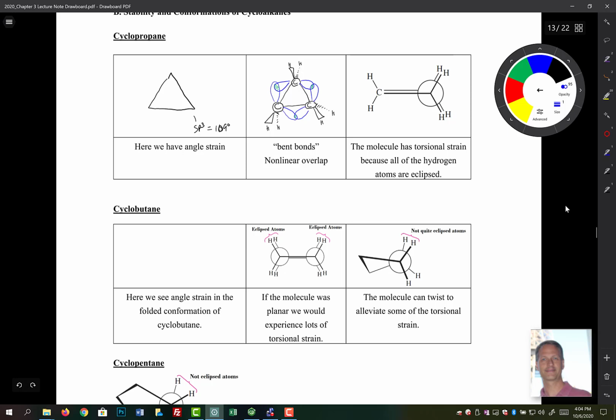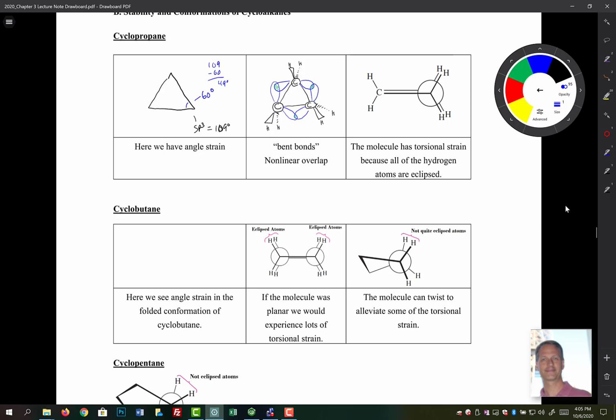But in this triangle, technically, the bond angle is 60 degrees. So the strain here is 109 minus 60 degrees. Right, so you get 49 here. Now it's not perfectly 49, but there is angle strain there.